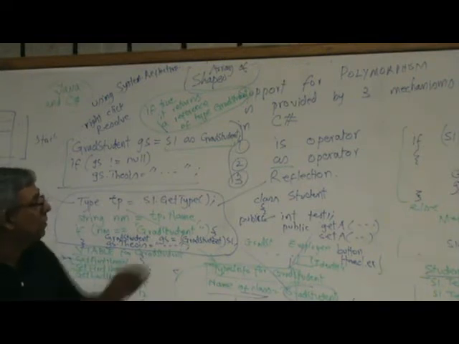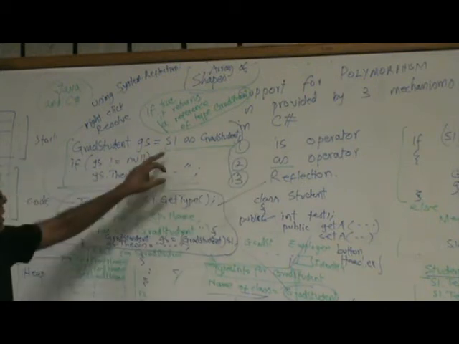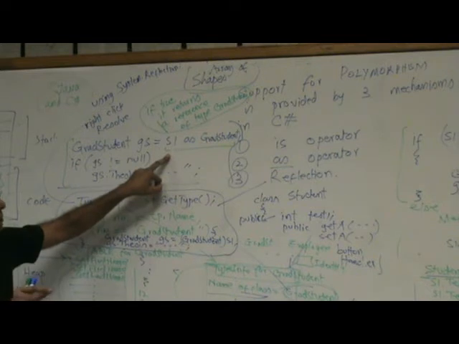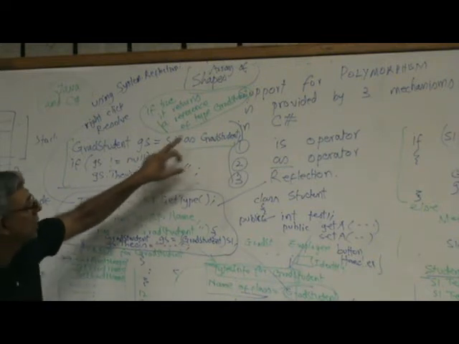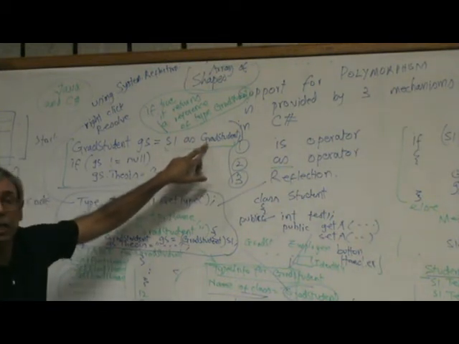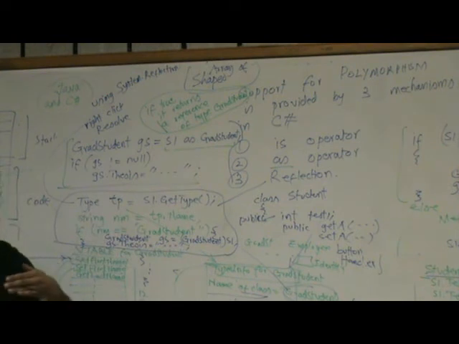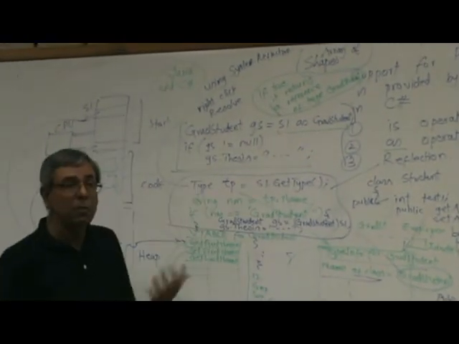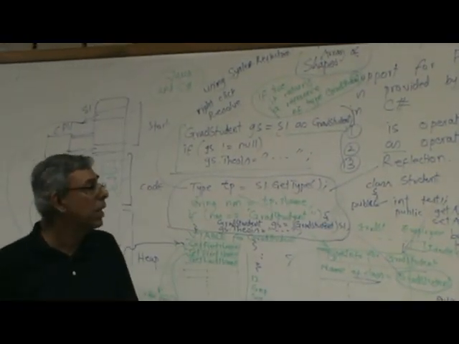However, as I showed you, the as operator is as if sending somebody to a shop and saying, if you find this thing, bring it back. It checks, is S1 indeed pointing to a grad student? If it is, it already brings back a reference of type grad student. Then we can easily use it after checking if it's null or not, right?